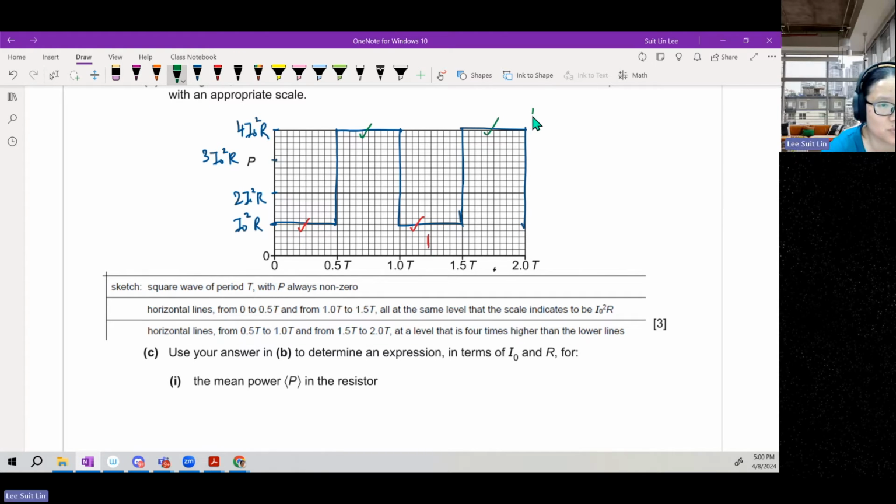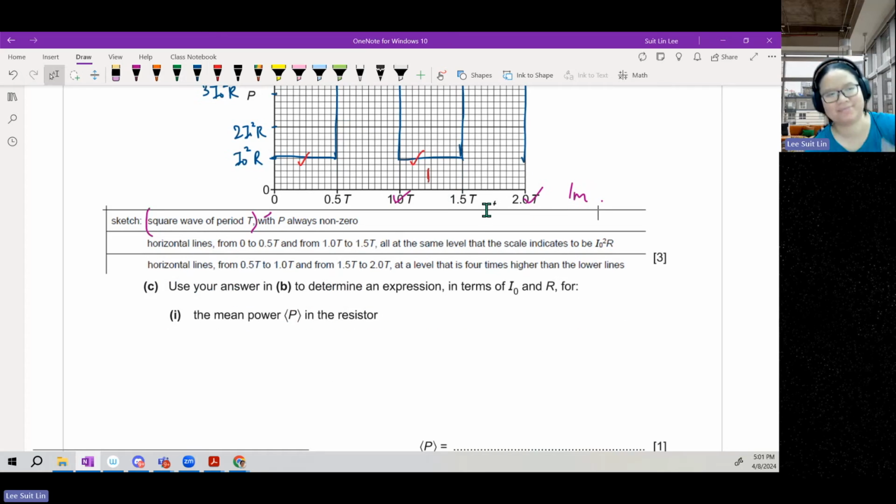These two, 1 mark. With the axis labelled 4 times. And then 1 mark is just for a square wave of period t. So the period is correct, 1 mark. Graph is good. Explanation is always harder. Graph, if you understand it, is okay.